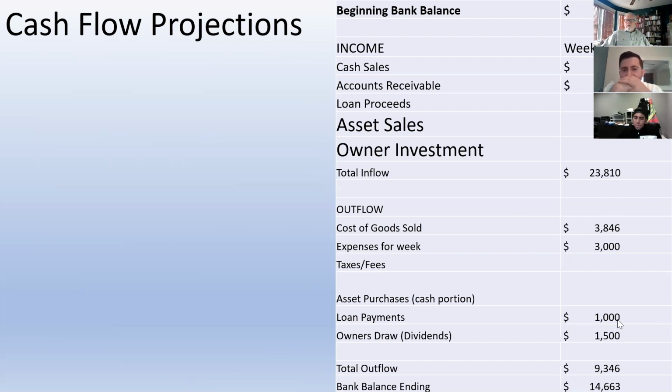You adjust it by any loan payments you have, any draw that comes out that hasn't been accounted for, say to the owner. You've got your total outflow, and then here happens to be your weekend balance. So all you do is you take the weekend balance, put it up into week 2, and then you redo this over and over again.